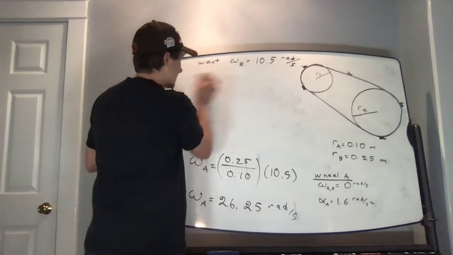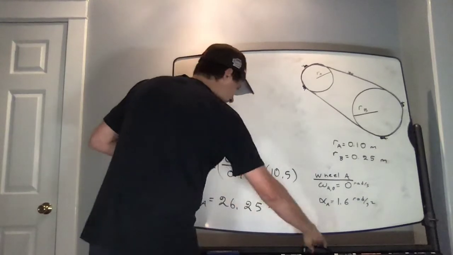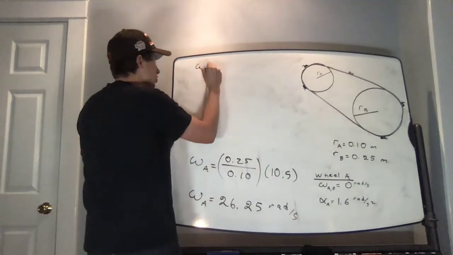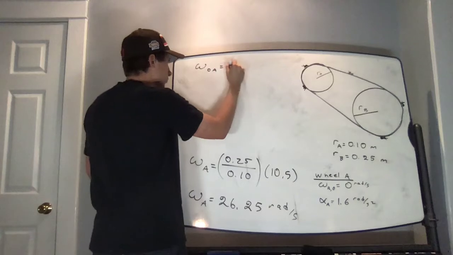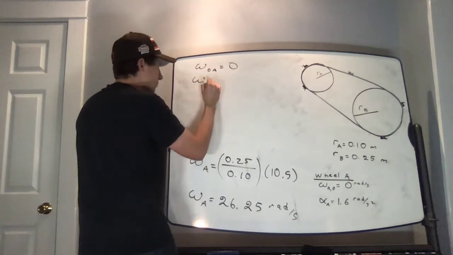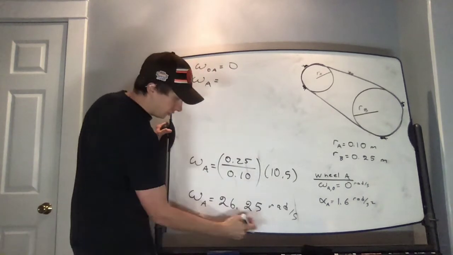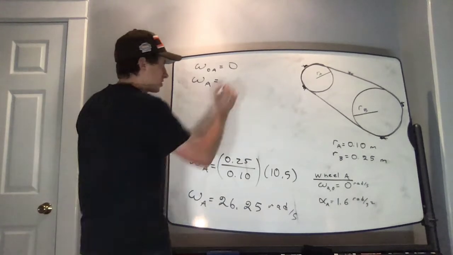What we are asking is, we said omega initial for wheel A is equal to 0, omega final for wheel A is equal to 26.25 radians per second.